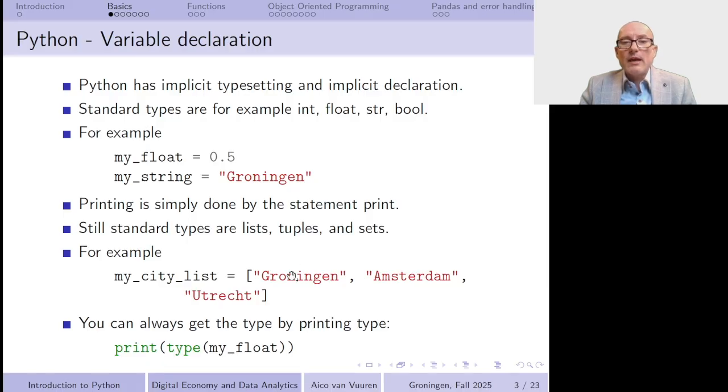But that's not what we have to do in Python, because if we do that, then we do not get the first element Groningen, but instead we get the second element, if we use a 1, Amsterdam. If we want to have the first element, then we should actually use a 0 instead. So then we should do my city list, and then between our square brackets we have to have 0.